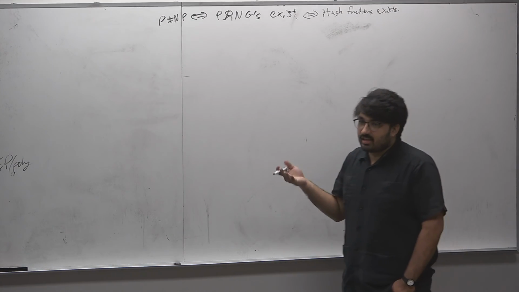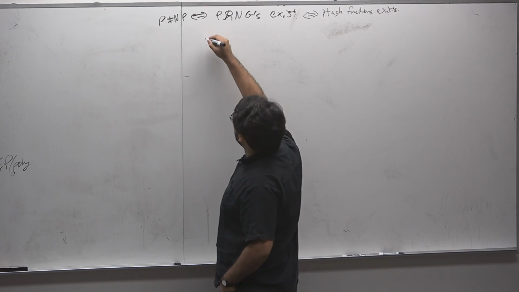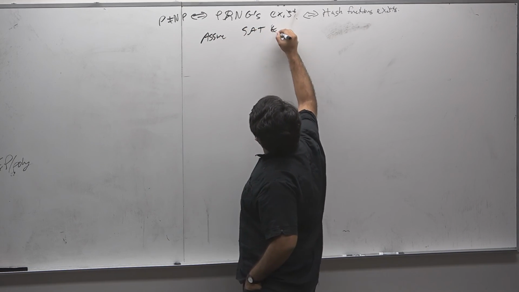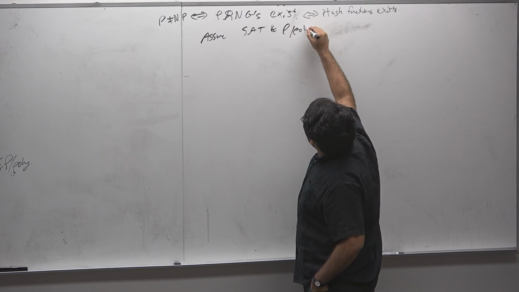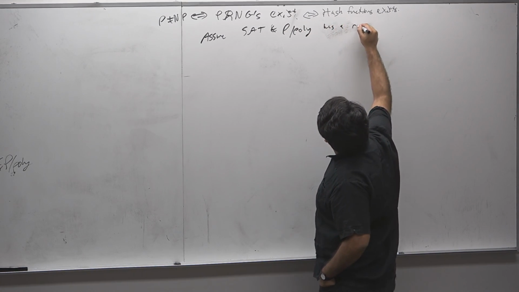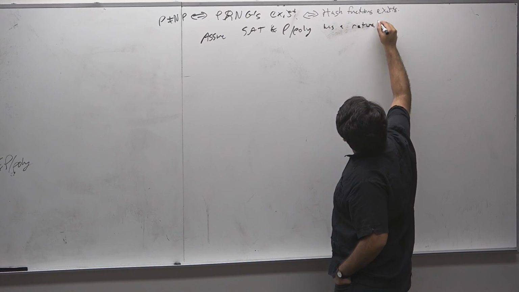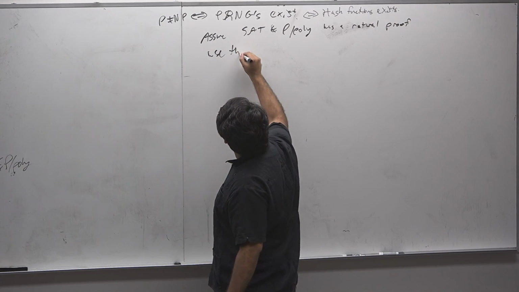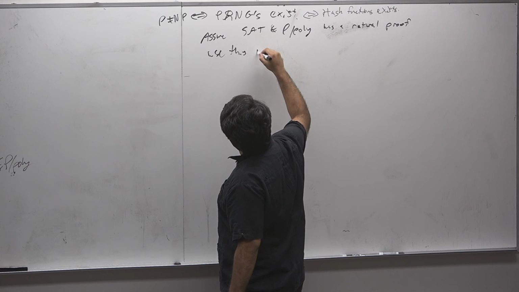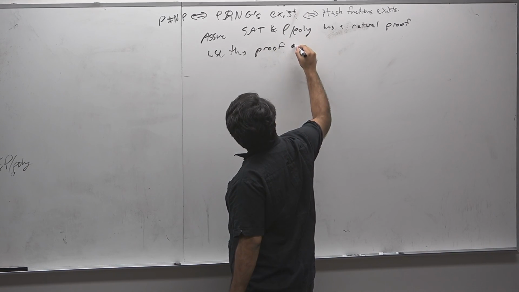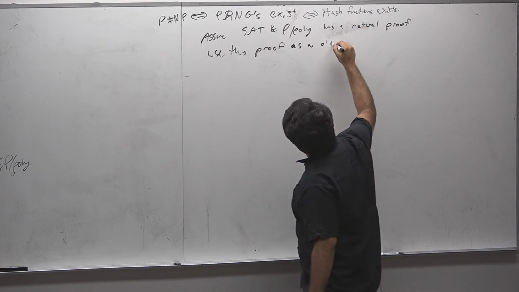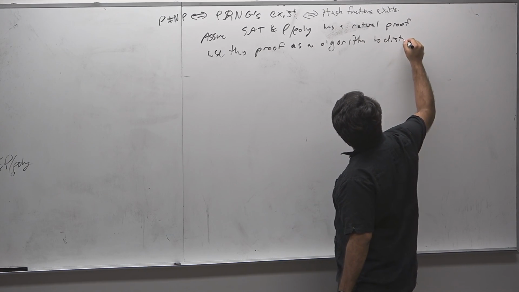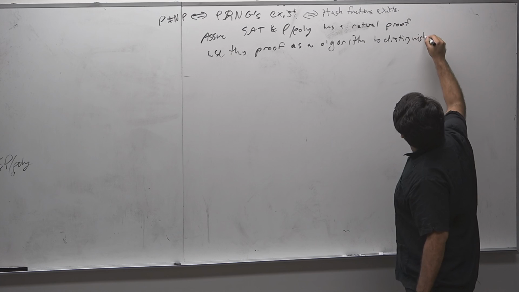So here's the outline of their proof: assume SAT is not in P/poly and has a natural proof. Use this proof as an algorithm to distinguish randomness.